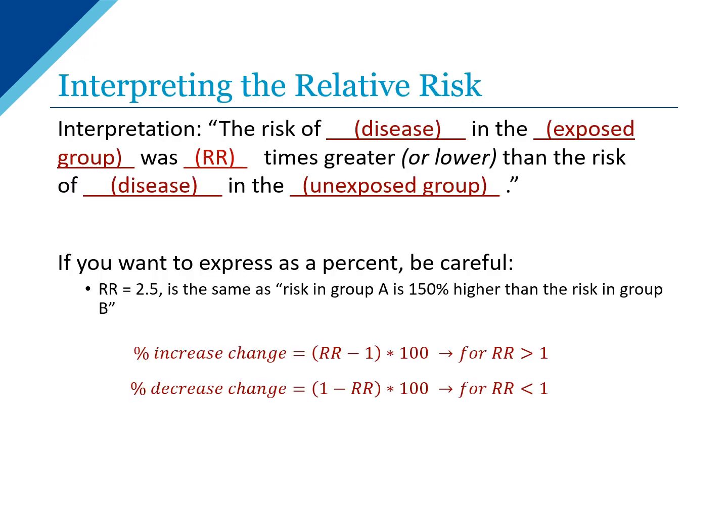The best way to interpret this is to say the risk of disease in the exposed group was whatever the value of the relative risk, times greater or lower than the risk of disease in the unexposed group. You can also express it as a percent, but know that a relative risk of 2.5 means that the risk in group A is 150% higher than the risk in group B. It can get tricky.